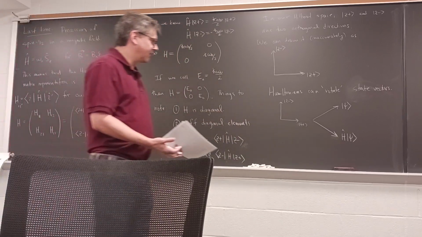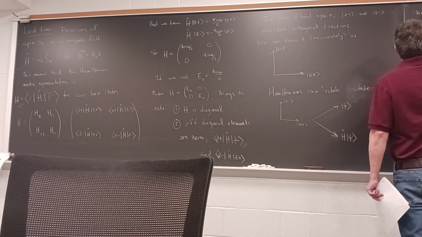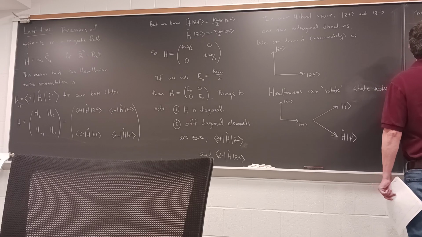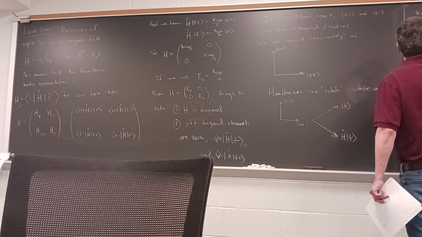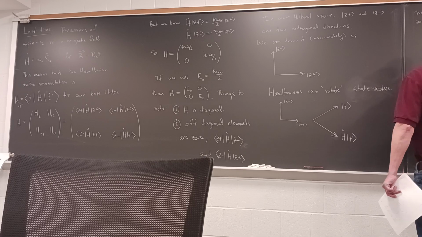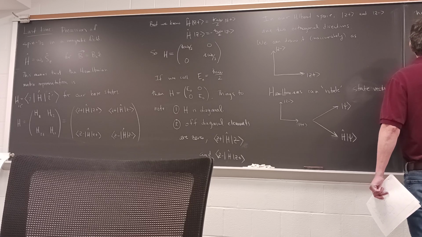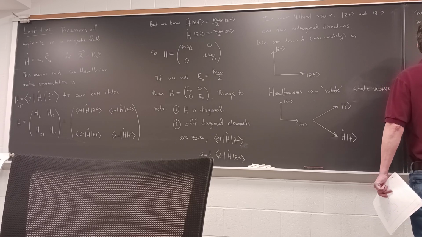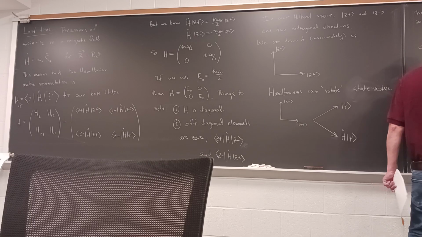In particular, this means that the Hamiltonian generates time translations. So this might look instead like psi of t points in this direction, and then at some later time, psi of t plus delta t points in a different direction.